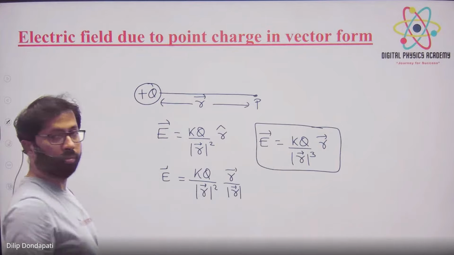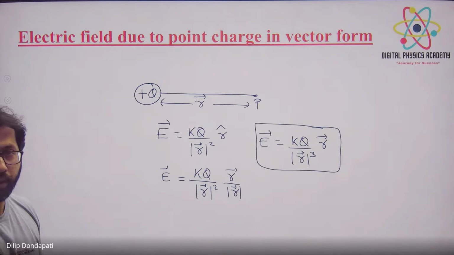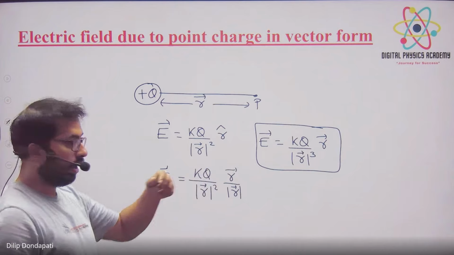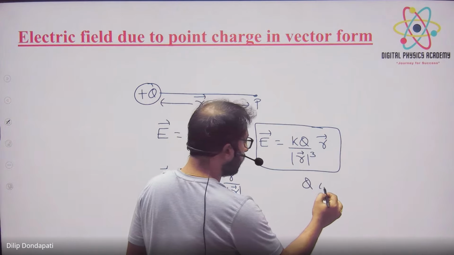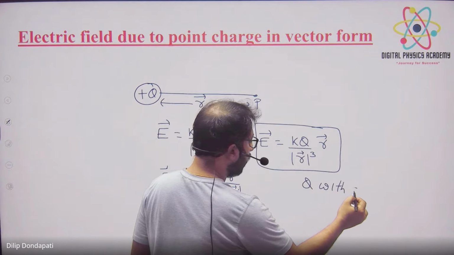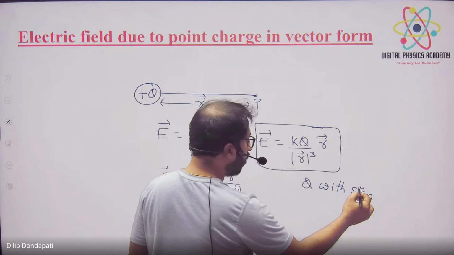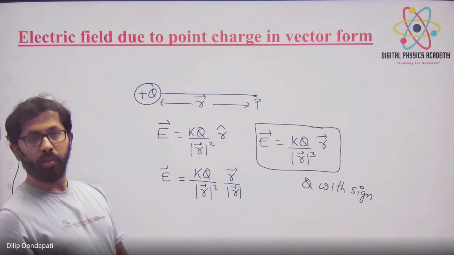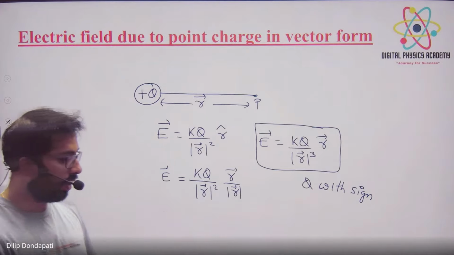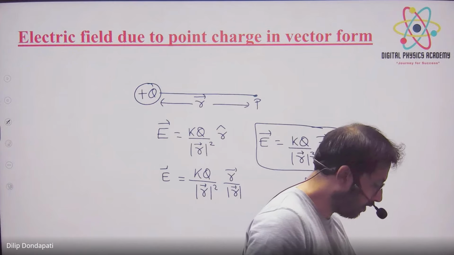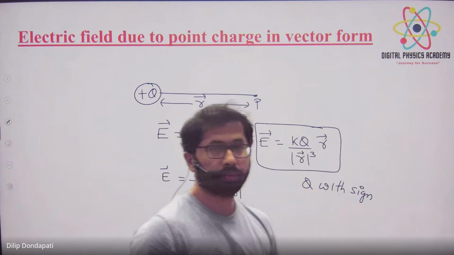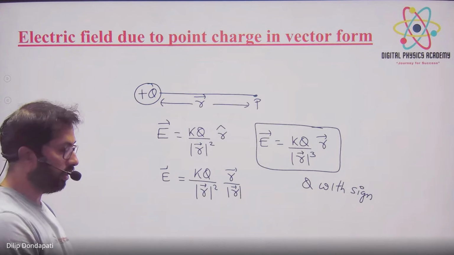Electric field in vector form: K Q by r cube into r vector. And we have to put Q with sign when substituting in vector form. Mostly, 99% of the time it comes in scalar form. At that time we should never put the sign. Even force also we should never put the sign. Now when we do questions it will make sense.